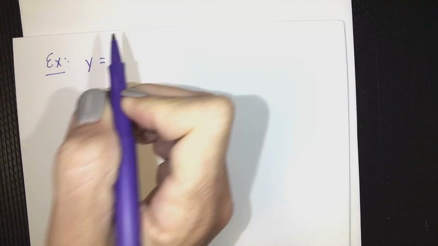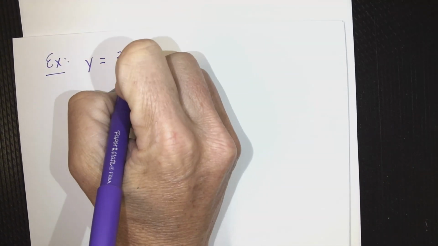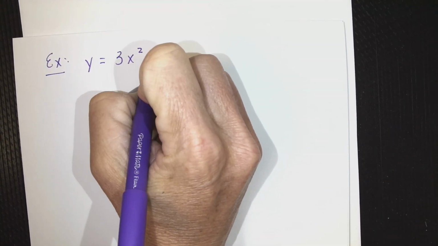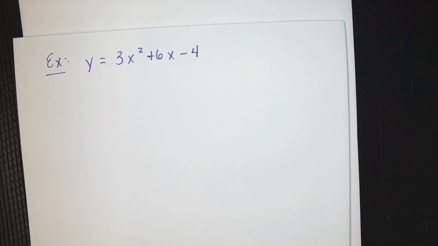All right, here's an example. y equals 3x squared plus 6x minus 4. First of all, is that in standard form, yes or no? I'm going to say yes, it is. Do you see how it's in descending order?